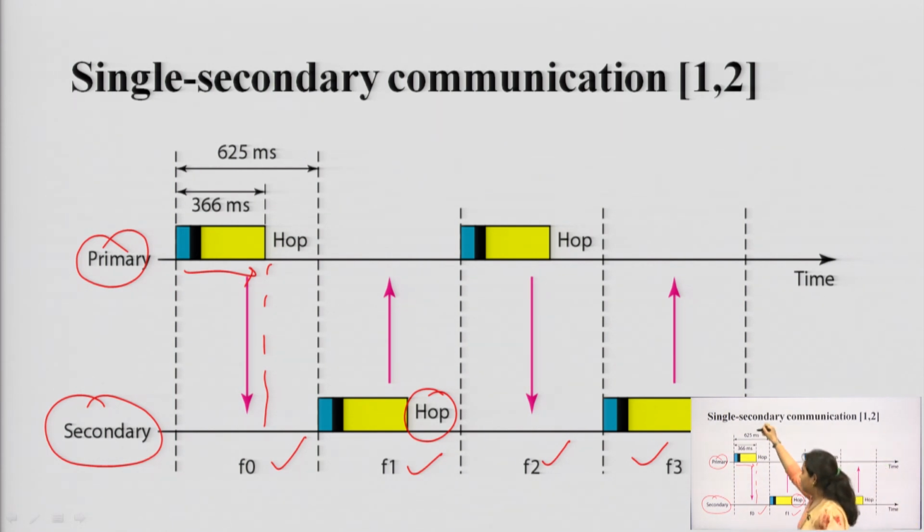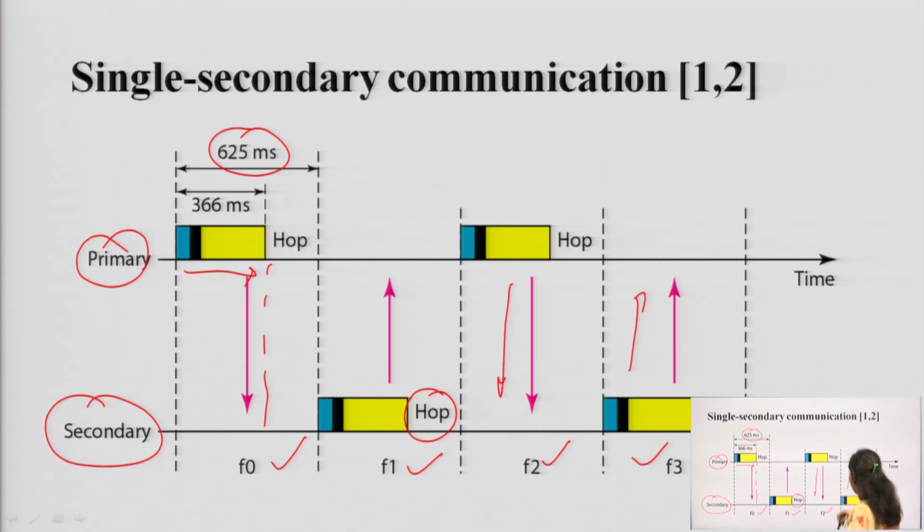So, that is why this time has increased from 366 to 625 millisecond. Same is the case when the secondary wants to transmit the data, when the primary wants to send the data and the secondary wants to send the data. So, in all the cases of single secondary communication, a hop band is inserted after the initial band. So, the time required has increased from 366 millisecond to 625 millisecond.